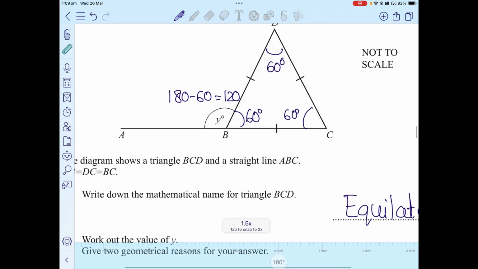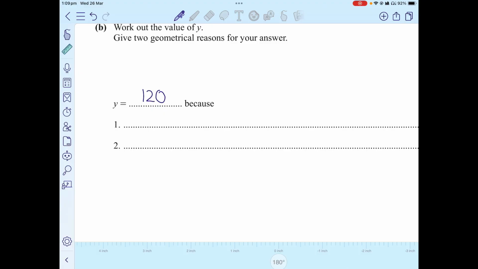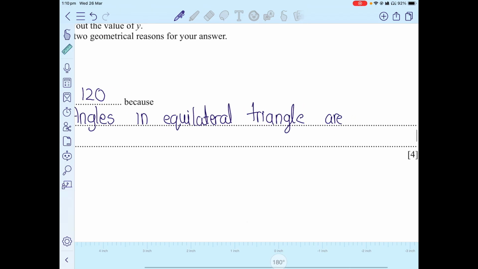There are two reasons. The first reason was that the angles in an equilateral triangle are equal.